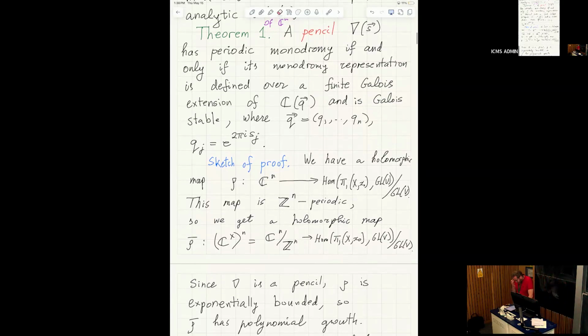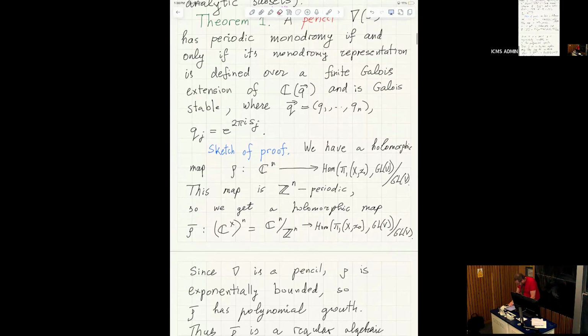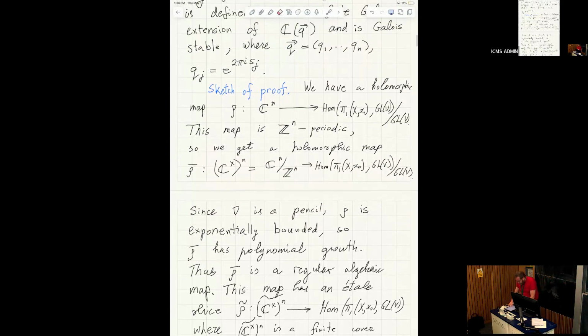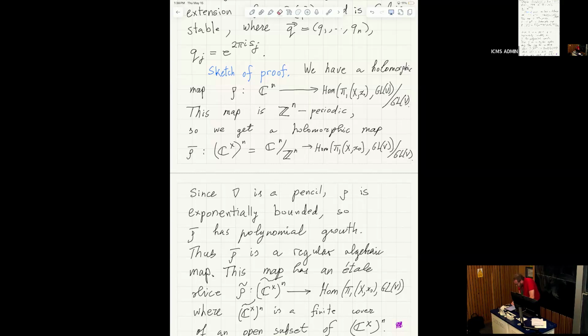So if I rewrite it in exponential coordinates, because we have a function on C^n mod Z^n, it will have polynomial growth at infinity. And so this rho bar, which goes from (C star)^n, has polynomial growth. This means that it's a regular algebraic map. In complex analysis, if you have a map that has polynomial growth at infinity, it's a regular algebraic map.